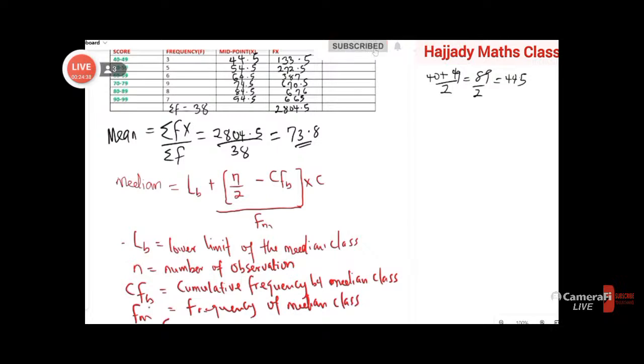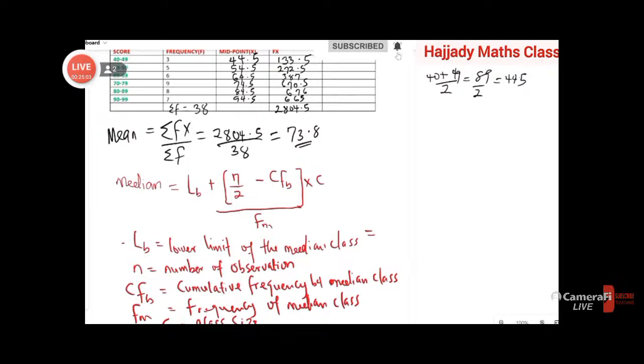And lastly, we have C, which is the class width, or let me say class size. Yeah, let's call this class size.